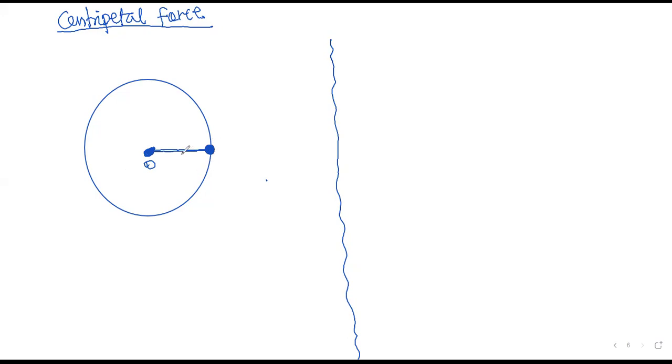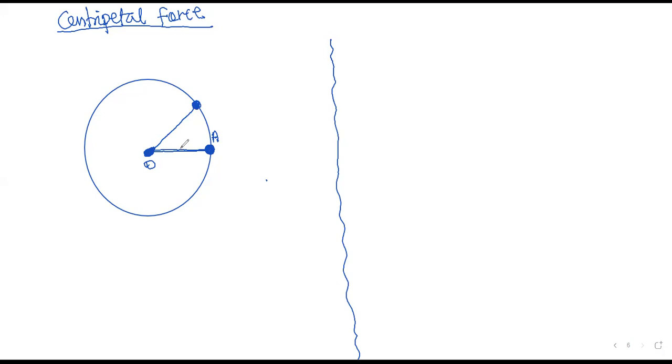Okay. So we define centripetal force to be a force that enables objects in circular motion to stay within the circular path. So let's assume there is this body A moving in circular motion.